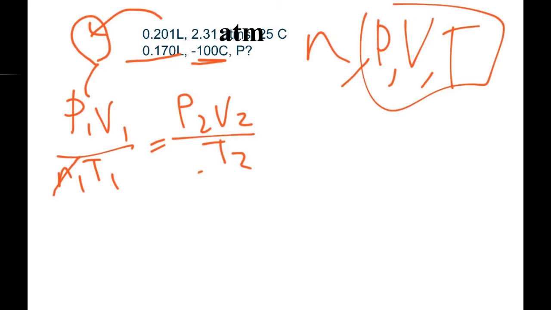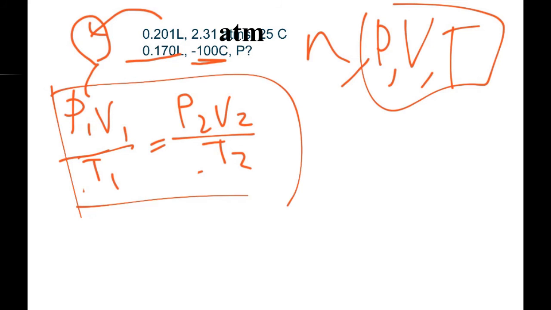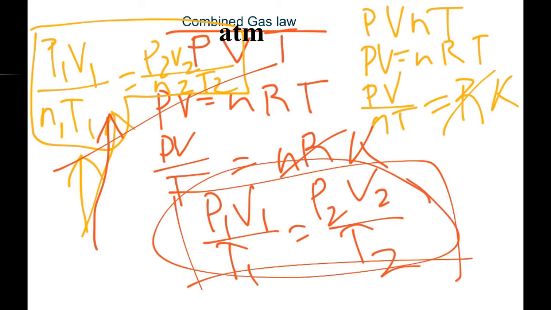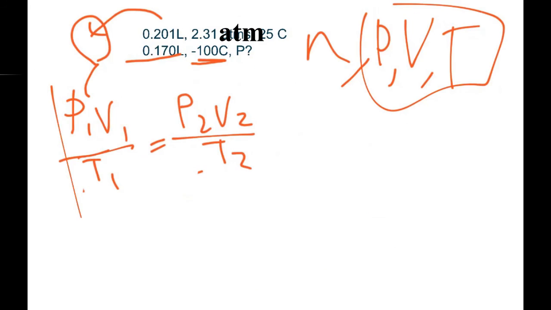This is just some algebra, and by doing that, we get the combined gas law. Notice how this equation is able to simplify into this by assuming that n1 and n2 are identical. That's why I like using that equation, because you can turn that into anything else, such as the combined gas law.